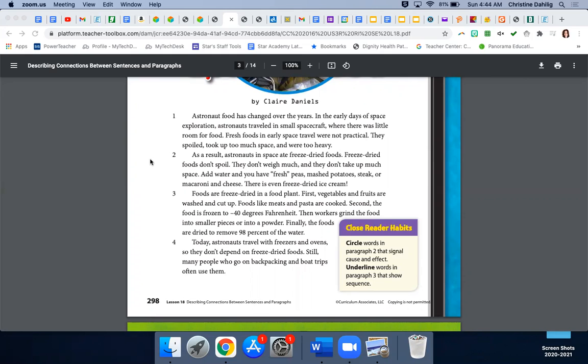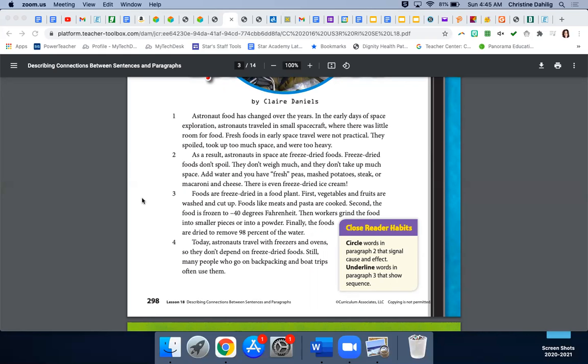As a result, astronauts in space ate freeze-dried foods. Freeze-dried foods don't spoil. They don't weigh much, and they don't take up much space. Add water, and you have fresh peas, mashed potatoes, steak, or macaroni and cheese. There is even freeze-dried ice cream.